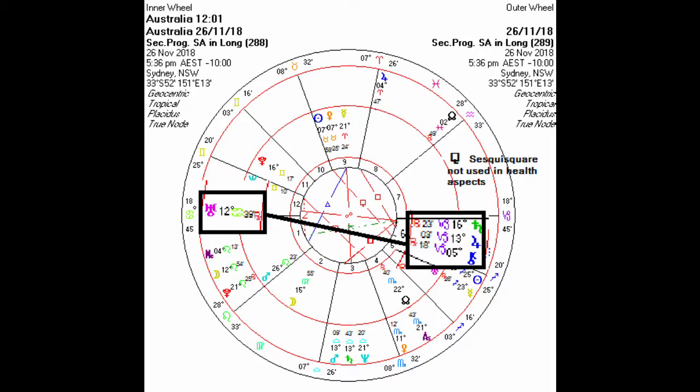It depends on how you're looking at the chart, but for some reason the computer puts the east on the left hand side. Just before the ascendant, you see Uranus in the 12th house in Cancer.